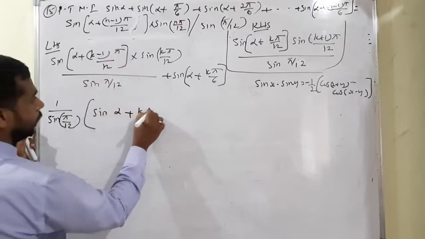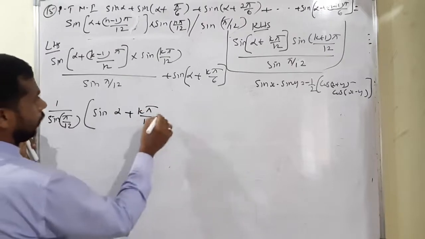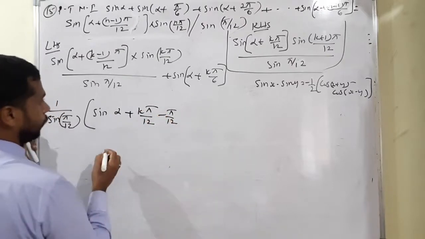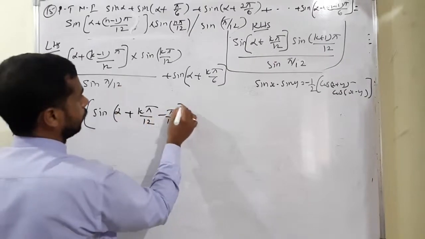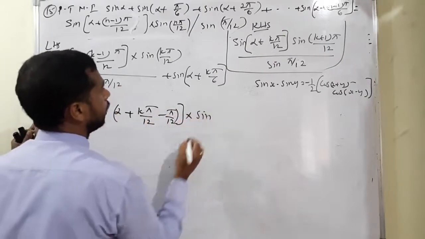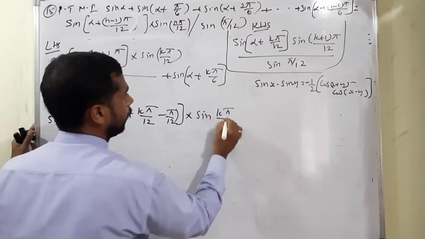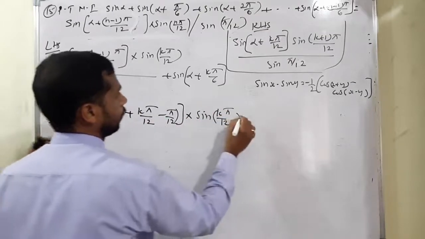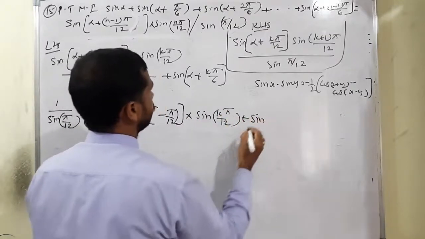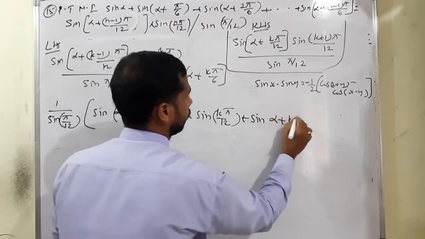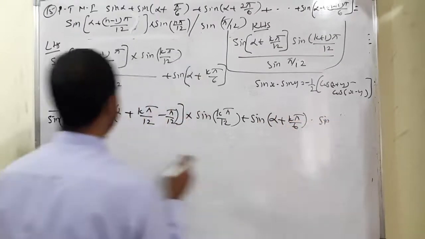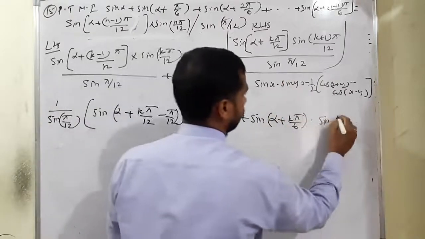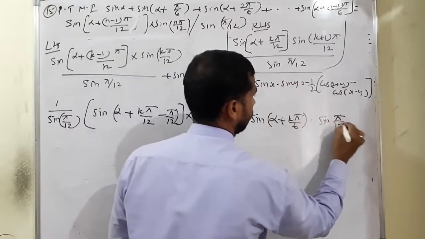Alpha plus k pi by 12 minus pi by 12. Then next term into sin of k pi by 12, plus sin of alpha plus k pi by 6 into sin of pi by 12.